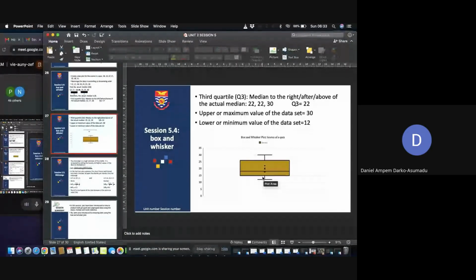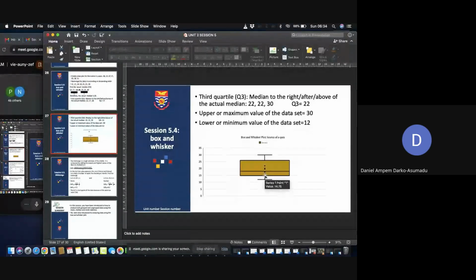Then what is Q1? Q1 is 17. So you have to locate it. This is 15, then you plot it somewhere at 17, right? That's the first dot you see.